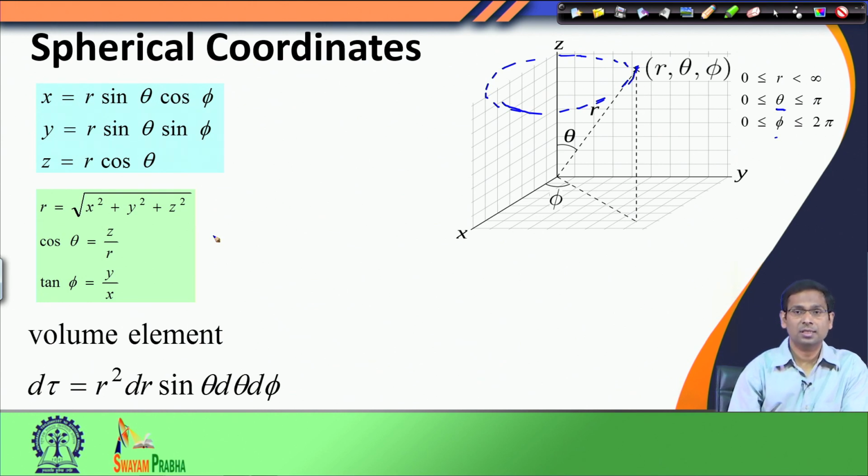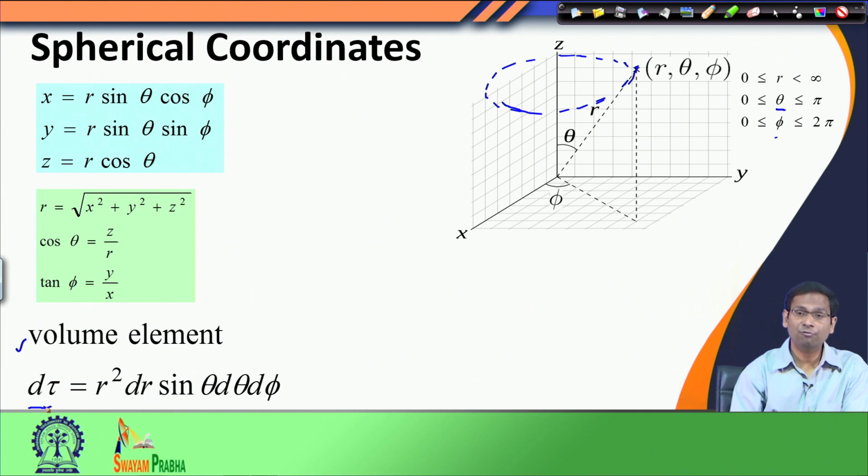One very important thing that we must keep in mind is the volume element. You remember that in Cartesian space we defined our volume element d tau as dx dy dz, an infinitesimally small volume element with lengths dx, dy, dz in the x, y and z directions respectively.